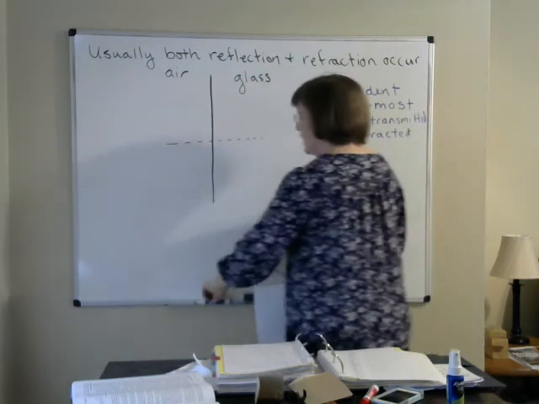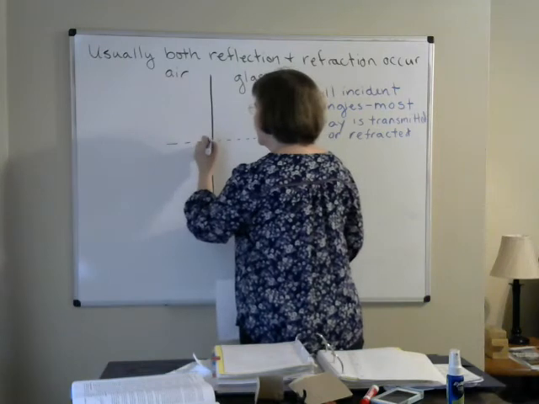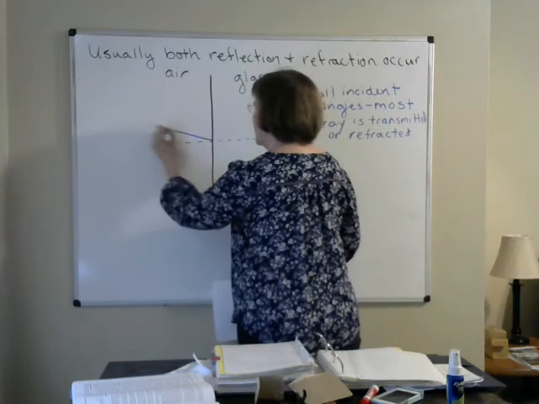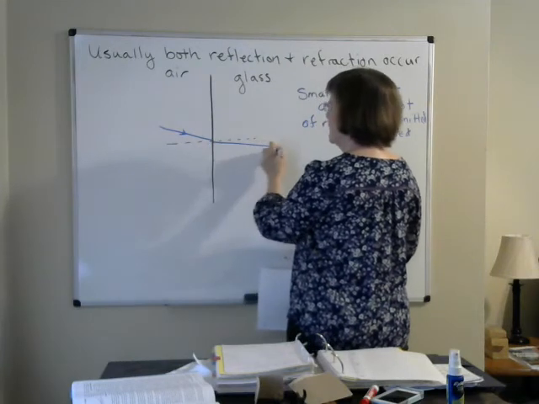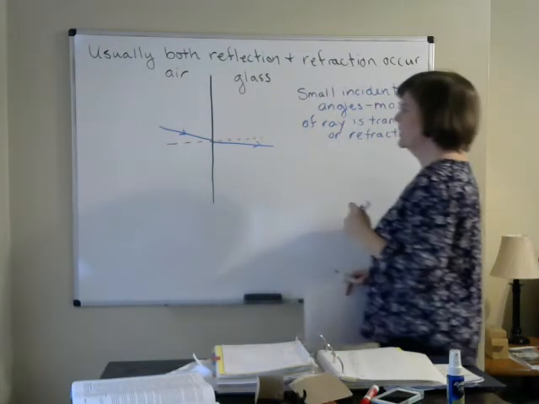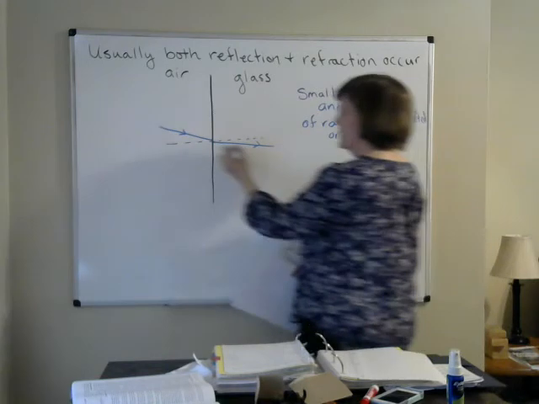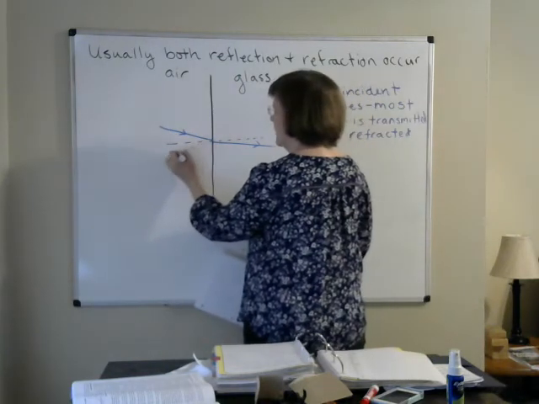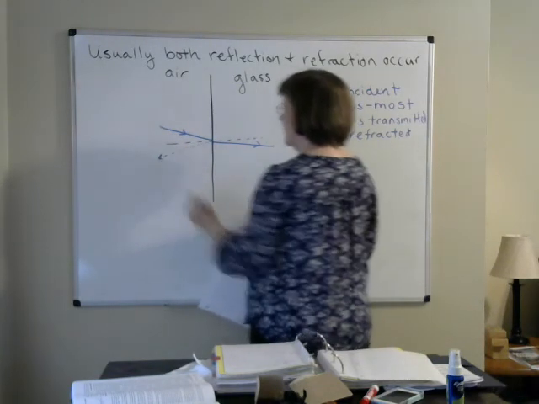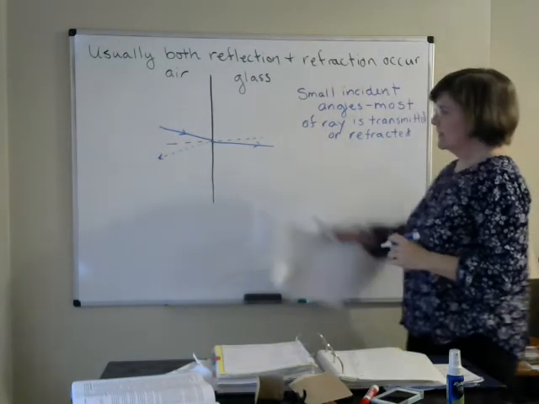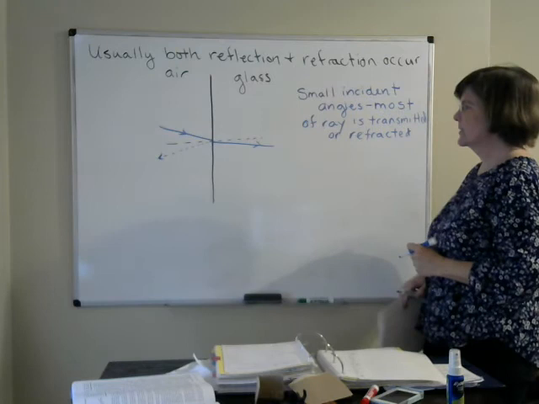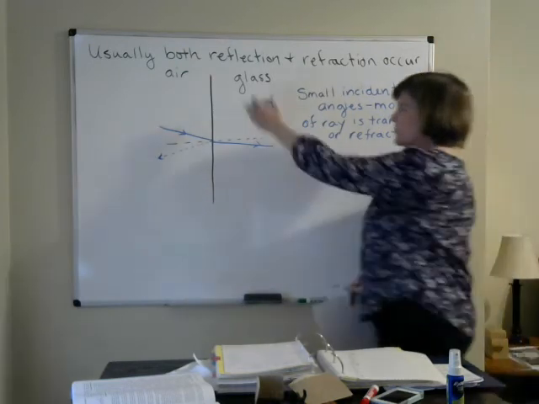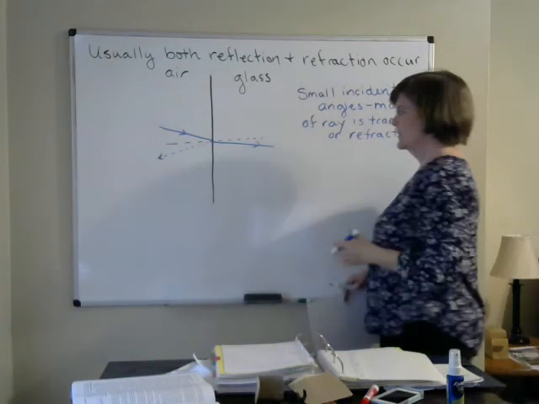So if I have a really small angle like this, I won't make it perpendicular, but pretty small angle, most of it's going to go right on through. Maybe I'll get a tiny little, weakly reflected ray. But the closer I am to being at a 0 degrees incident or perfectly perpendicular to that boundary, the more likely it is to be transmitted.